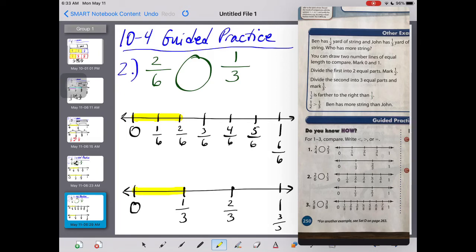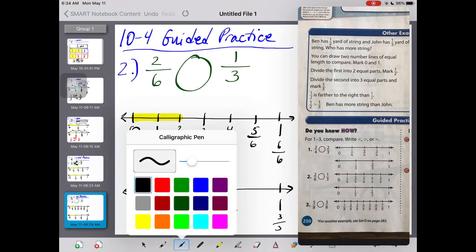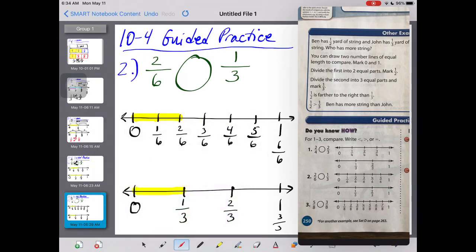Huh. Interesting. Now mine isn't perfect here, but I want you to see something. If I was to bring this up, that looks pretty similar. 2/6 to 1/3.